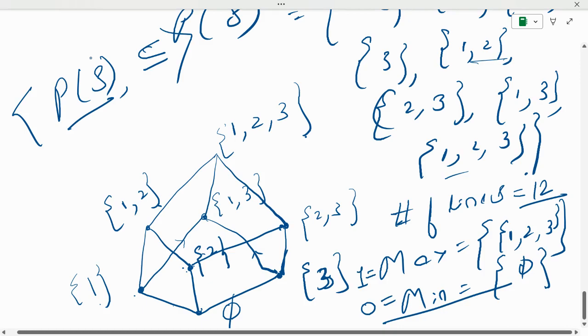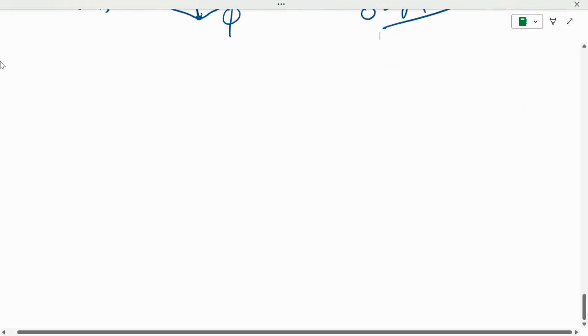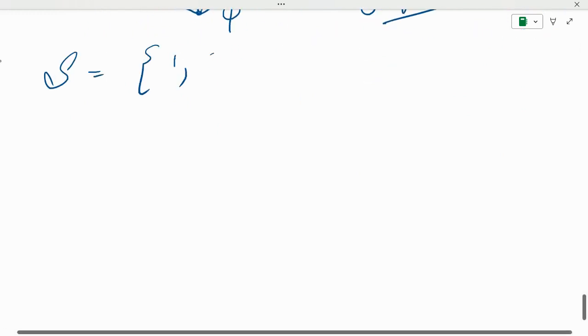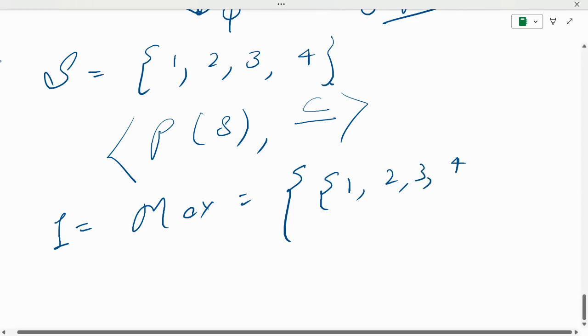Now considering these two examples, let's say I have another example where S includes 1 2 3 and 4, and we are defining a poset on S like this. If I ask what is the max or the greatest, you can write it as 1, 2, 3, 4, so no need to write everything, and you can write the min and the least as phi.